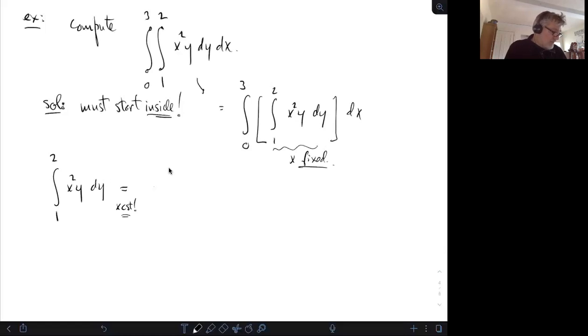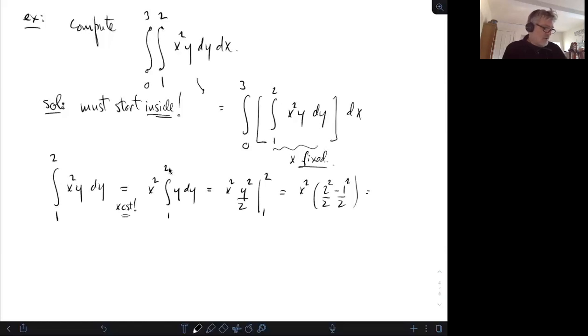So let's just factor it out: x squared times the integral 1 to 2, y dy. Nice and easy integral. This is y squared over 2 between 1 and 2. So this is x squared times 2 squared over 2 minus 1 squared over 2, which is 3/2 x squared.